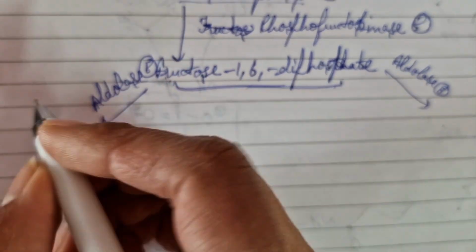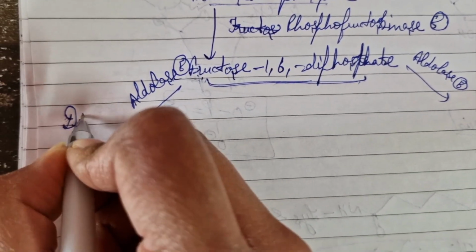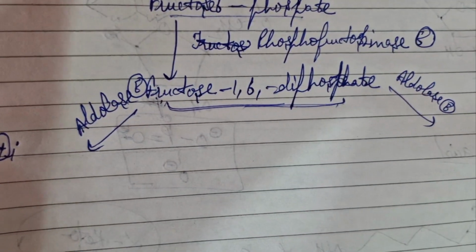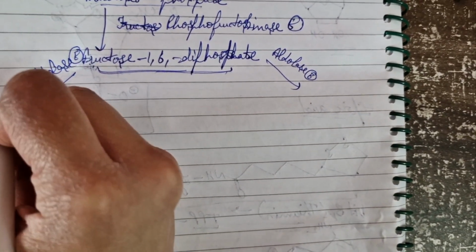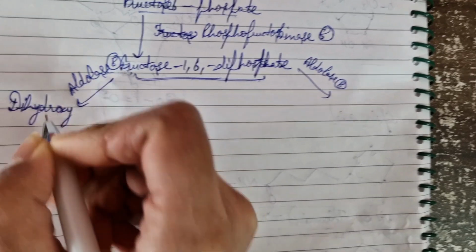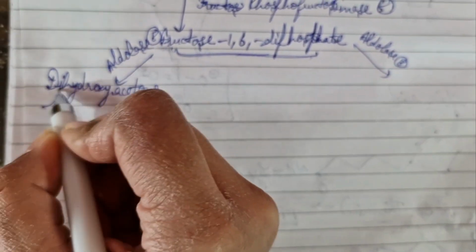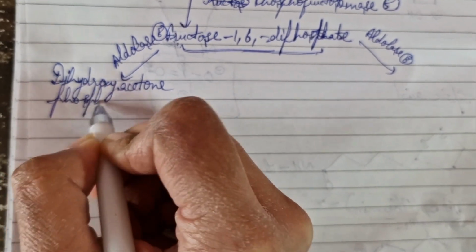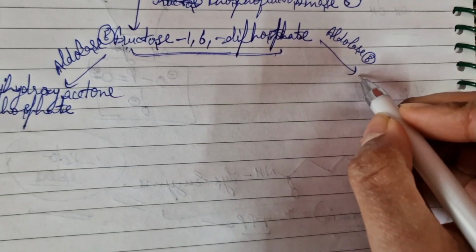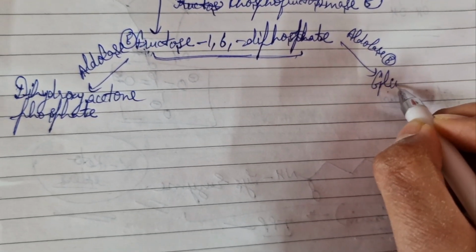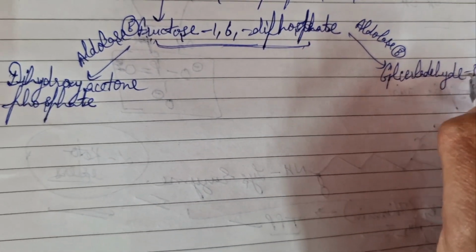Either it will get converted into dihydroxyacetone phosphate, or it will get converted into glyceraldehyde 3-phosphate.